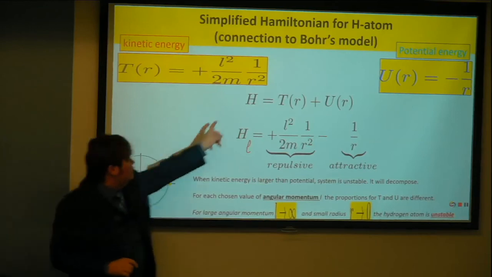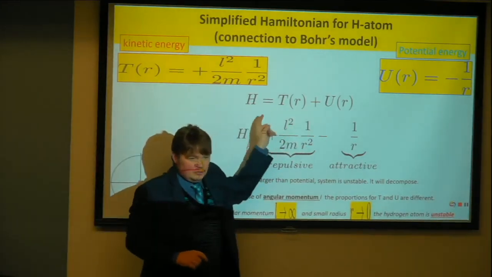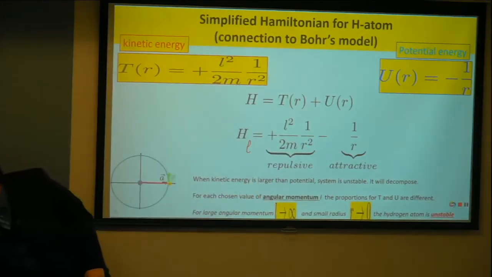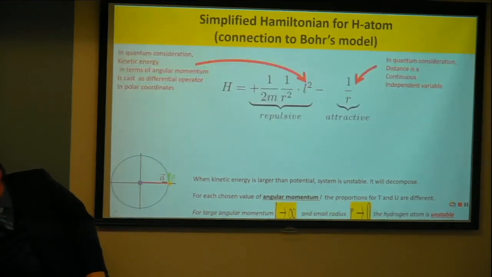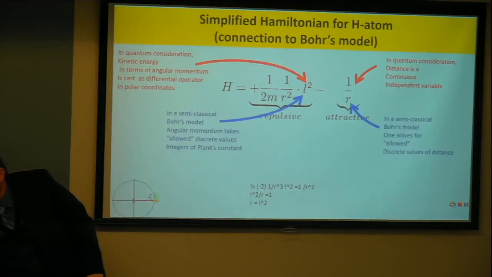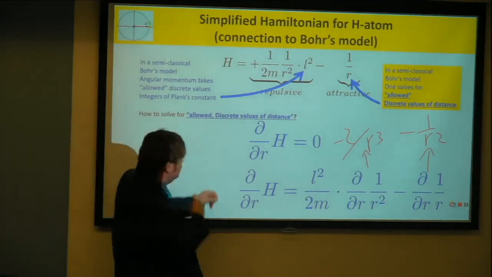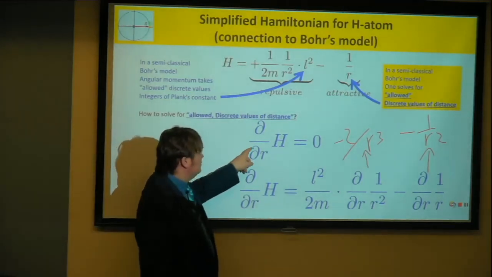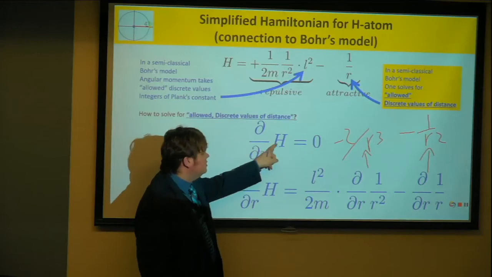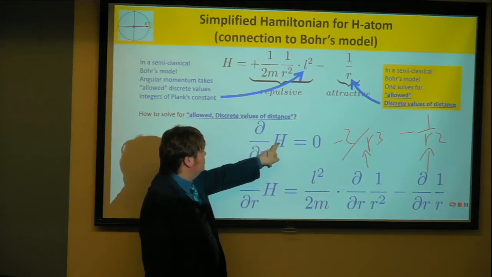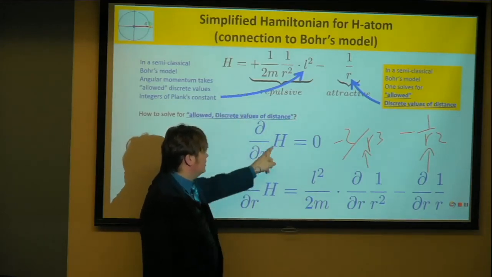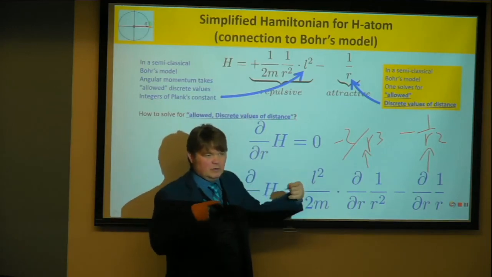So we are going to apply the derivative over position to this equation. If the derivative of this energy over position is equal to 0, it means the two forces are equal to each other.